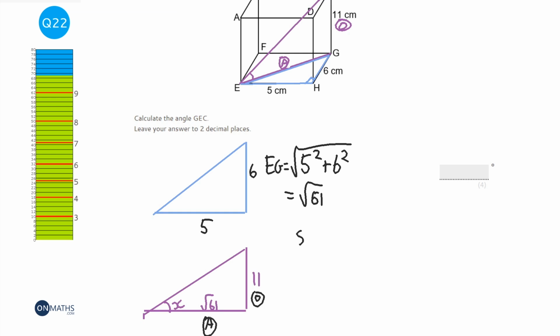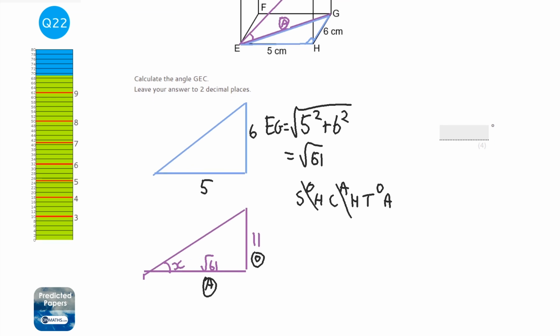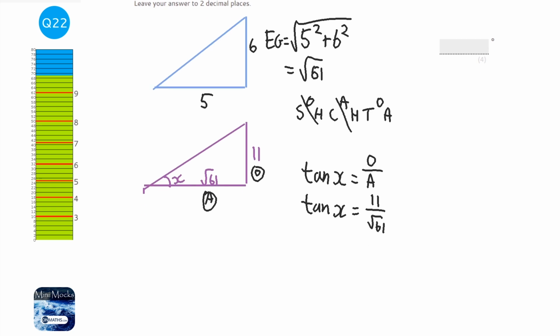We need to just quickly write SOHCAHTOA so that we can check which one it's going to be. And it's TOA that has the opposite and adjacent. And so we're going to write down tan X equals opposite over adjacent. Tan X equals, well, the opposite's 11 and the adjacent is root 61. And we're going to inverse tan both sides.